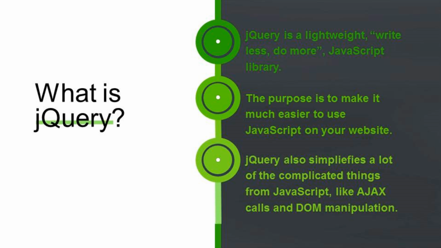Like I said, jQuery is just an extended, larger library that holds JavaScript functions that we can use in our web applications or our website. So the purpose is to make it much easier to use JavaScript on our website. That's the whole point of using jQuery. We want to write less and we want to do a whole lot more stuff.